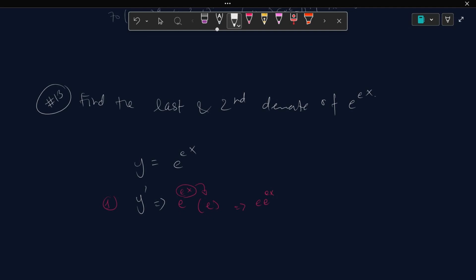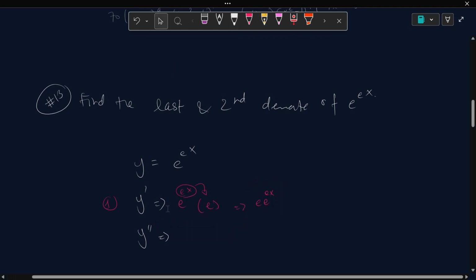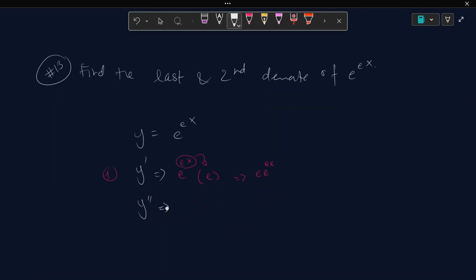So now if you go ahead and take the derivative again, f prime prime, this is your second derivative. You have to take the derivative of this one. Because this one is like a constant times e to the e^x, you only take the derivative of this expression, and the constant just stays over there as it is.